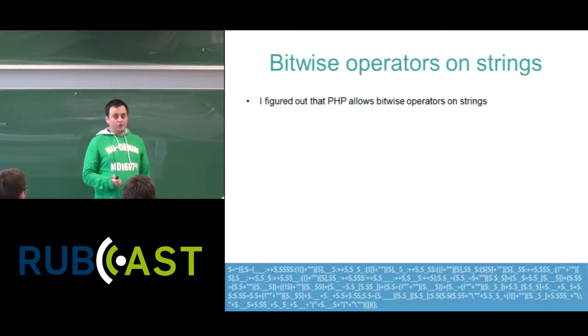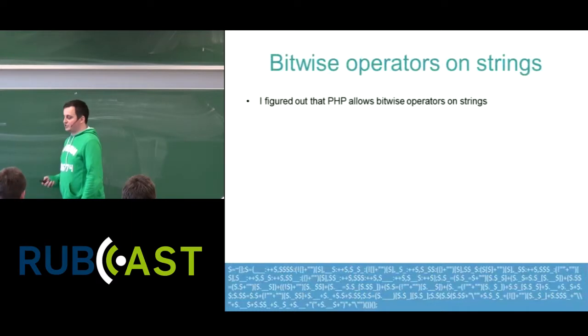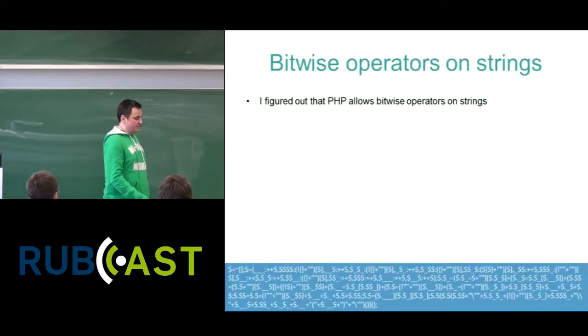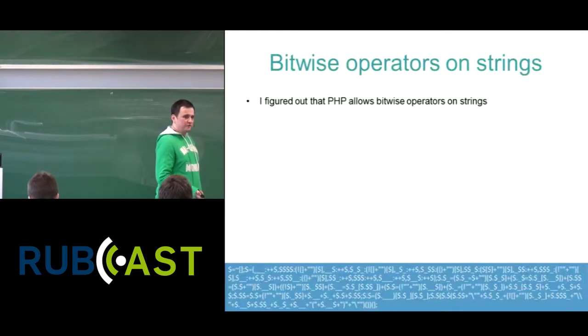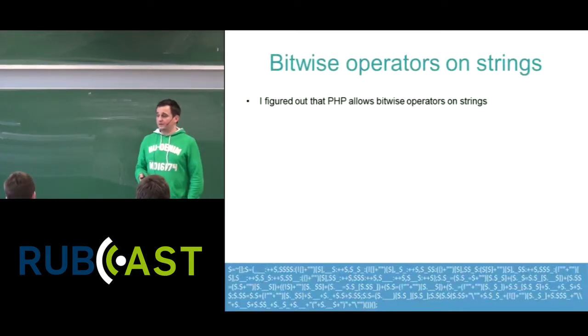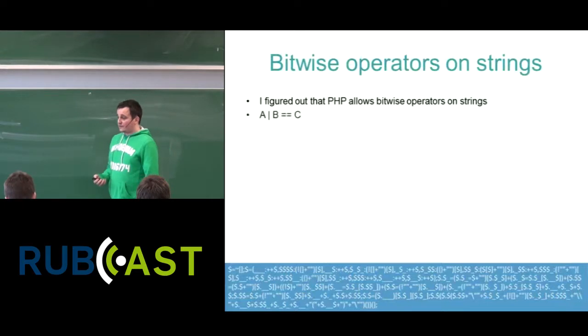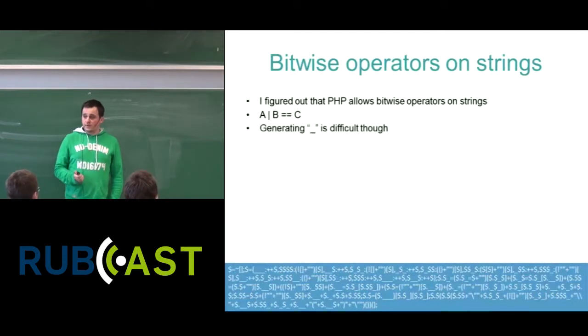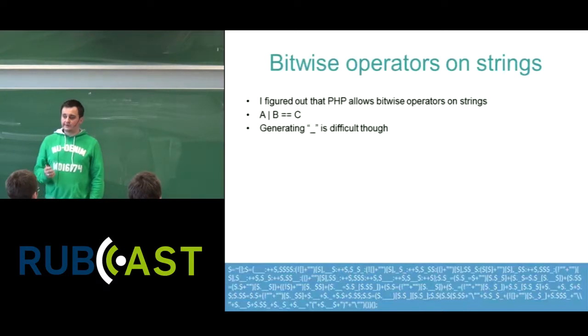So you can do bitwise operations on strings themselves in PHP. I think I stumbled upon this on Stack Overflow, or maybe on the PHP manual, I can't remember which. So doing a bitwise operation on A and B can return C. How can you generate underscore?